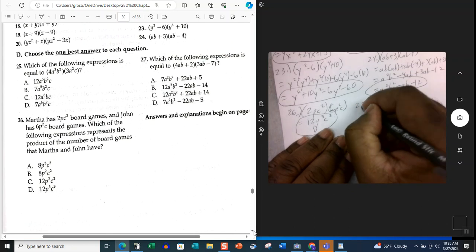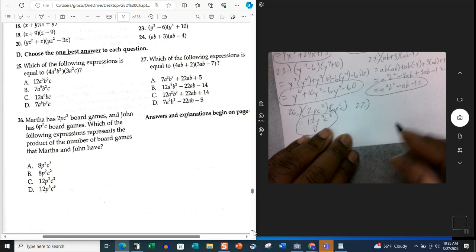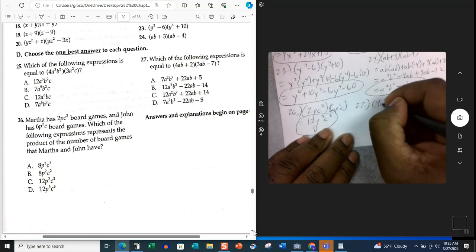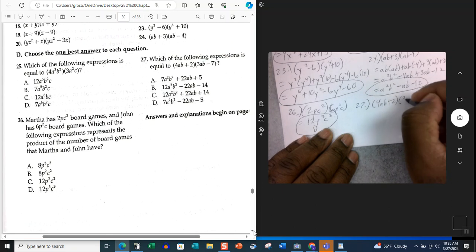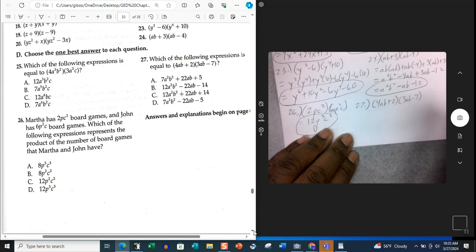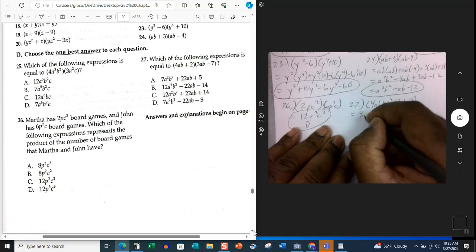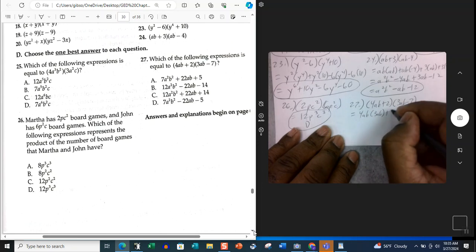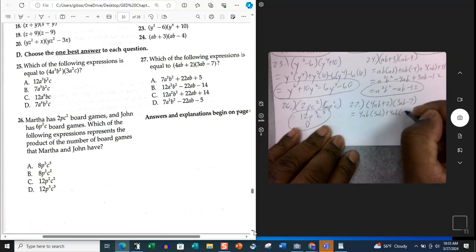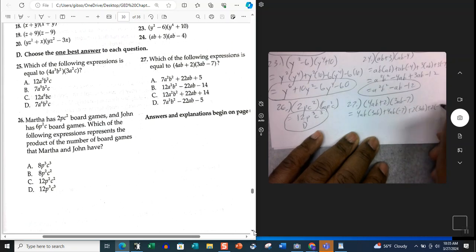Okay, now 27. It says which of the following expressions is equal to, so we'll do 4ab plus 2 times 3ab minus 7. So we would do the FOIL method. So we have 4ab times 3ab plus 4ab times negative 7 plus 2 times 3ab plus 2 times negative 7.